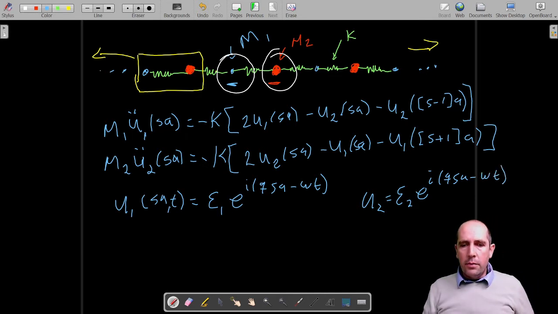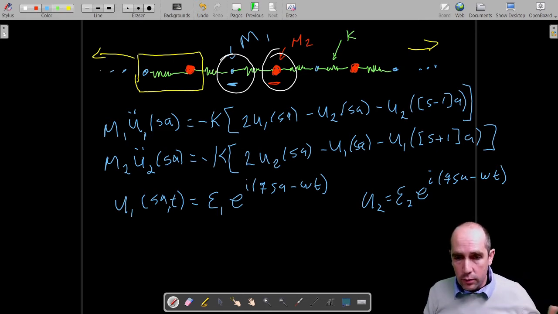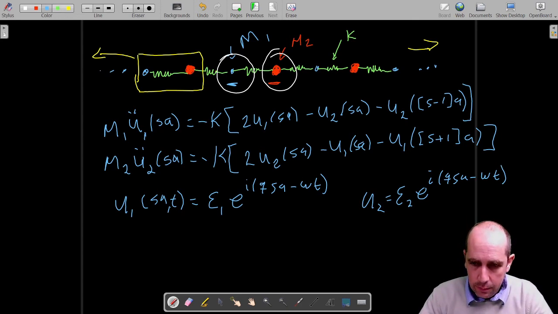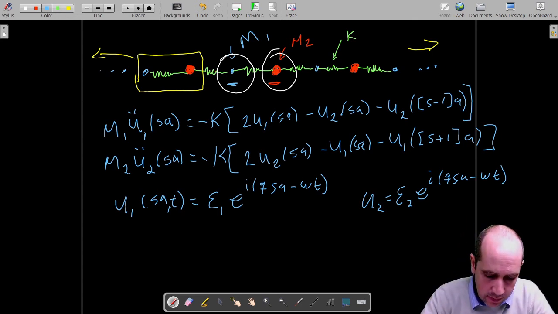Okay, and from there, if we plug these two into the equations in the previous two lines, the solutions convert the two differential equations into algebraic equations, and in order to have a solution for these algebraic equations, we need to impose that the determinant of the system equals 0.